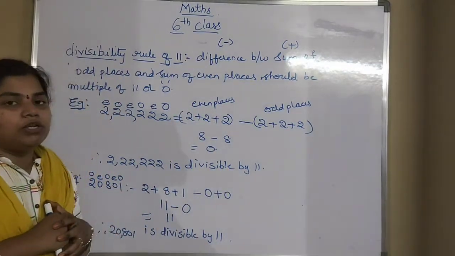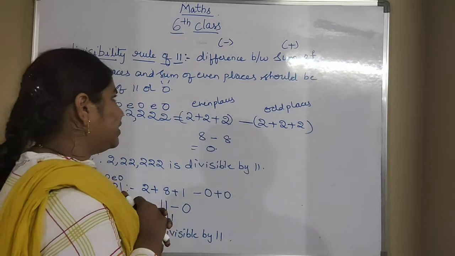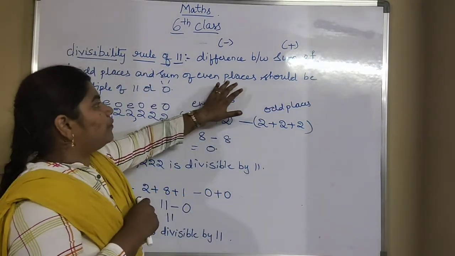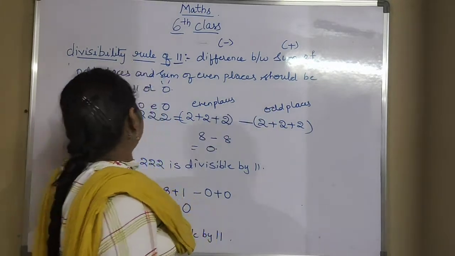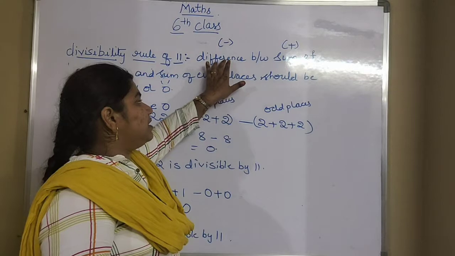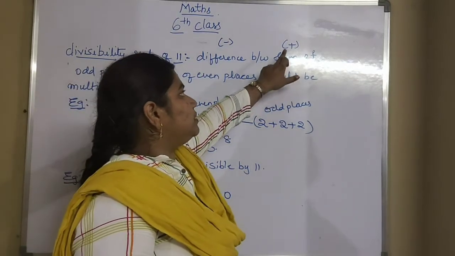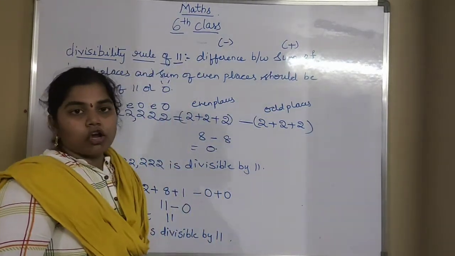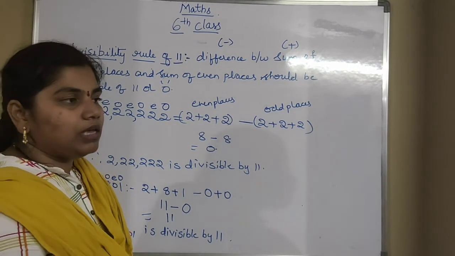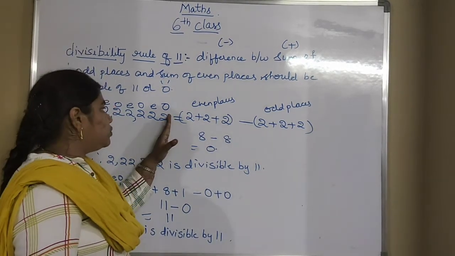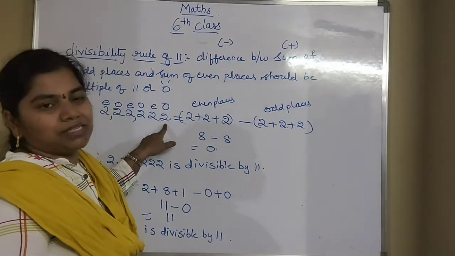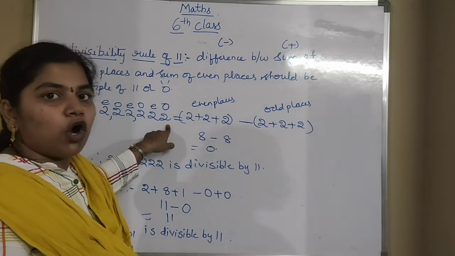Last is the divisibility rule of 11. The difference between the sum of odd places and the sum of even places should be divisible by 11, or it should be equal to 0. Difference is nothing but subtraction, sum is nothing but addition. The first place you take will always be odd, that is the ones place.